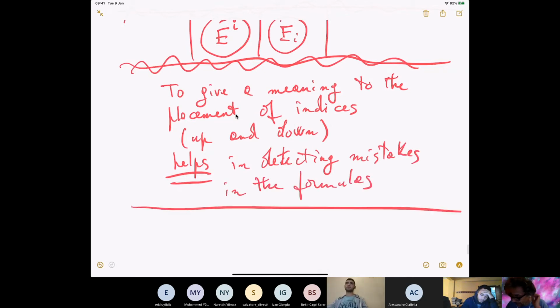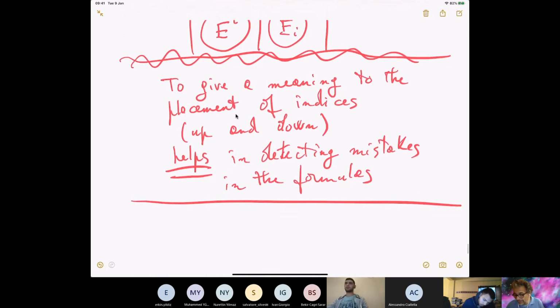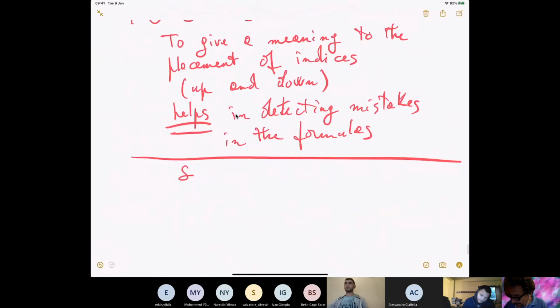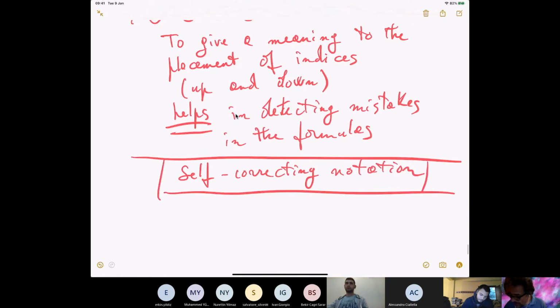So it is a self-correcting notation. We are using a self-correcting notation. Okay.